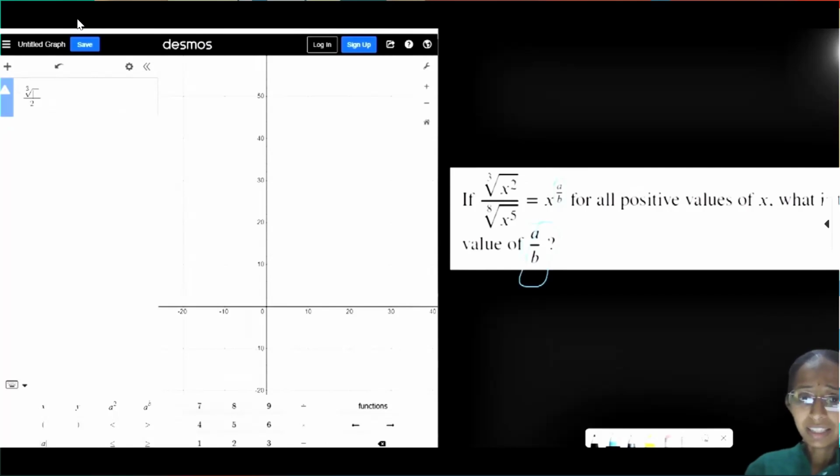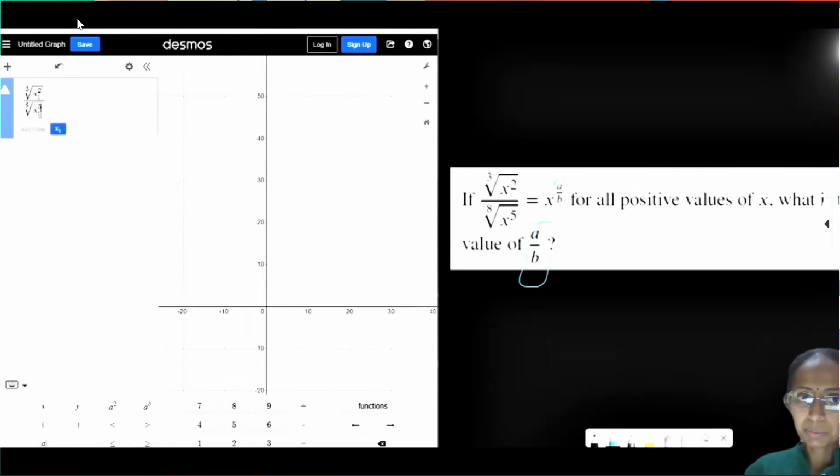But instead of writing a variable like x over here, Desmos allows us to write it with a subscript. So x1, this is again a variable. So x1 square upon, again we need to write nth root. So it allows us to write over here the 8th root of x1 to the power 5.